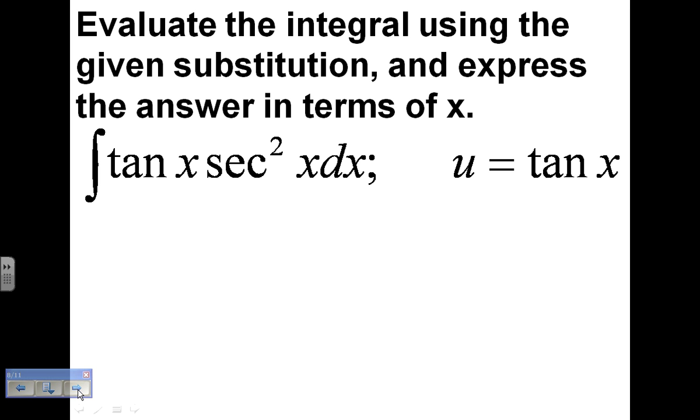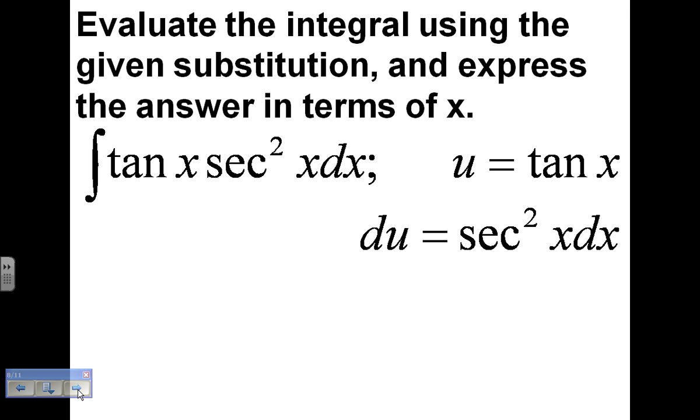So they're telling you, let u be tangent. Some people are using the front cover for the derivatives and the antiderivatives. Well, what's the derivative of tangent? It's inside your book. It's already in there.